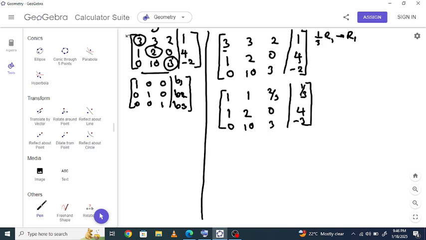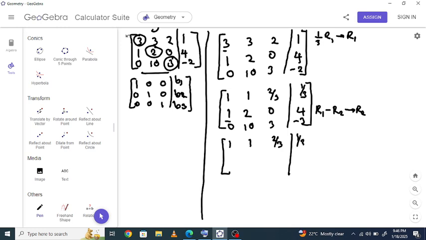In our second operation we want a 0 here, so we can subtract row 1 and row 2. So row 1 minus row 2, and that operation is on row 2. We are going to write 1 1 2 over 3.